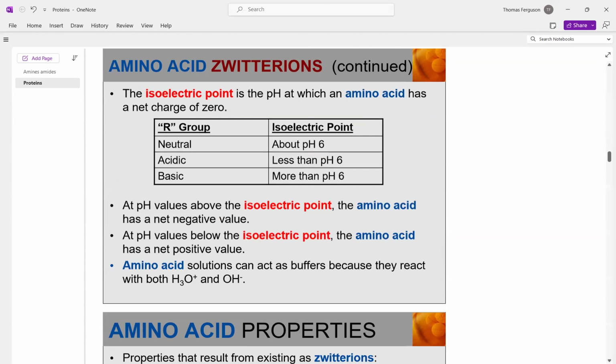Now, there's another phenomenon with amino acids, polypeptides, and proteins, and that's something called the isoelectric point. That is very important, very important. The reason why it's important is at the isoelectric point, that protein or polypeptide is non-ionic.